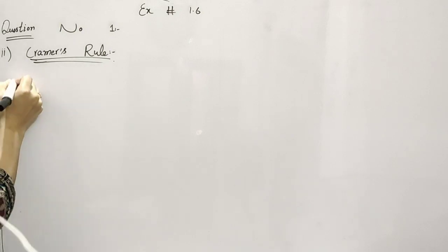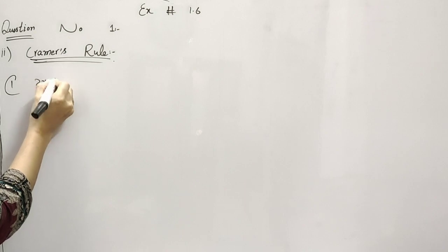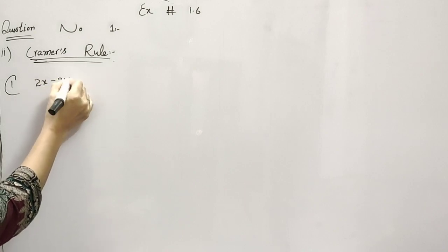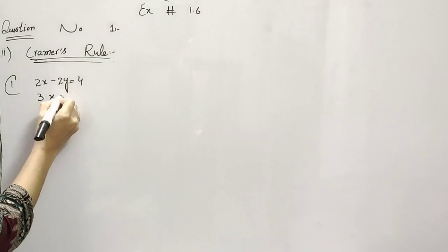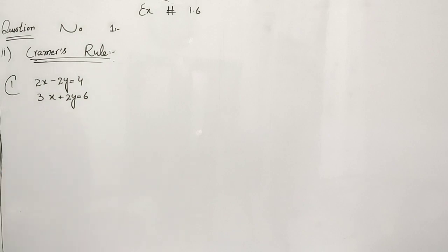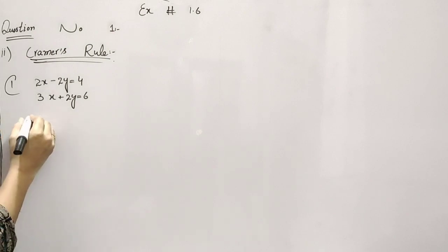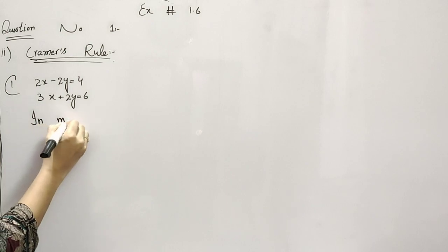So the first question is 2x minus 2y is equal to 4, 3x plus 2y is equal to 6. First of all, we convert it into matrix form.